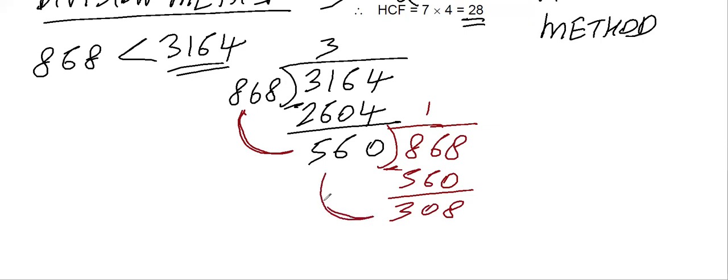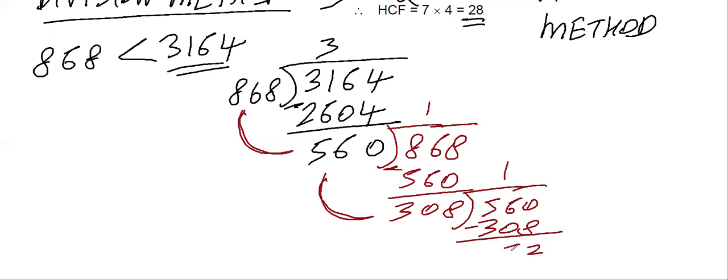Again I will repeat the process until I get a remainder of 0. So 308 times 1 is 308. Again subtract, and I get 252.